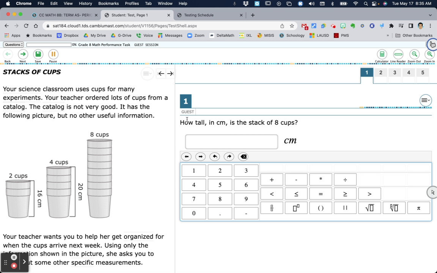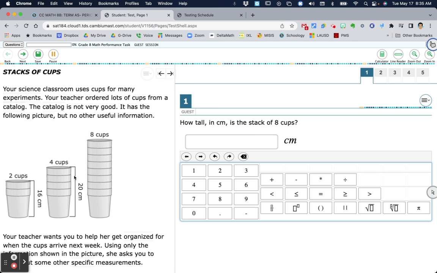Okay. And what we're trying to figure out in this first task is how tall in centimeters is the stack of 8 cups. So we know 2 cups is 16 centimeters, 4 cups is 20 centimeters. We want to figure out 8 cups. So the tricky part is there is an unknown quantity. I'm going to call this part the lip. You see how this has 2 lips and then the bottom.